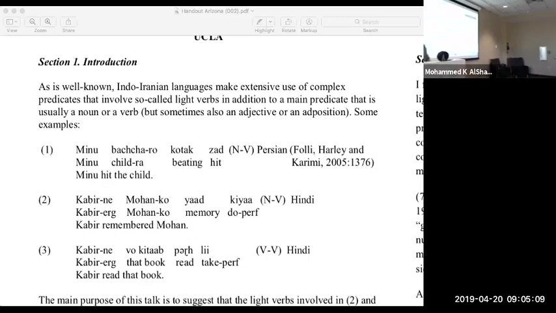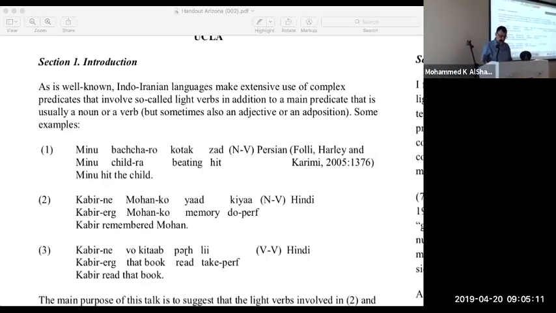Thank you, Simon. Thank you all for coming. That was a very generous introduction. I'm especially thankful to you all for coming out to listen to a talk that's not on an Iranian language. I am a distant cousin, though, but Hindi doesn't have the cool stuff that you talk about all the time, like the izafe and prepositions and all sorts of good stuff that Persian has.